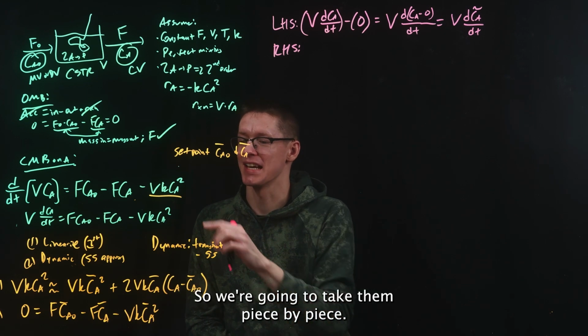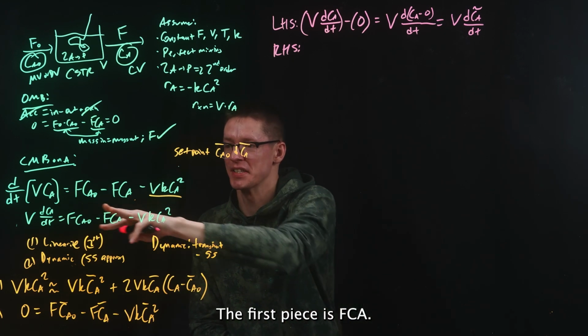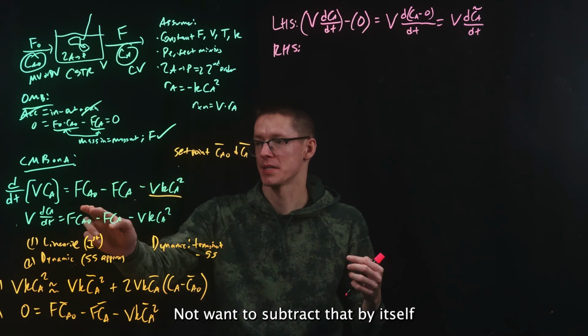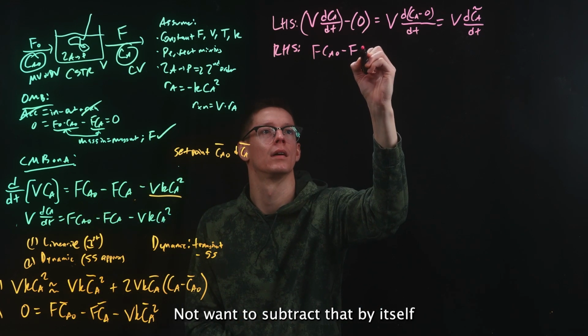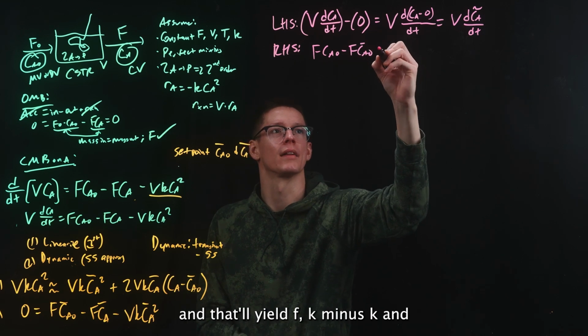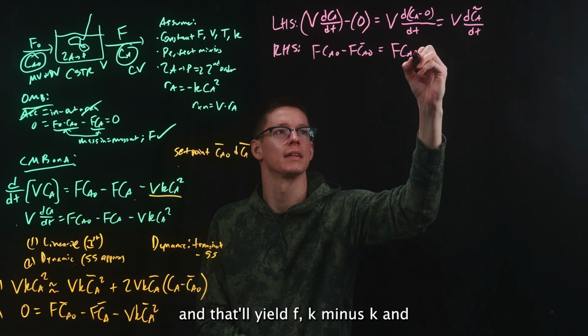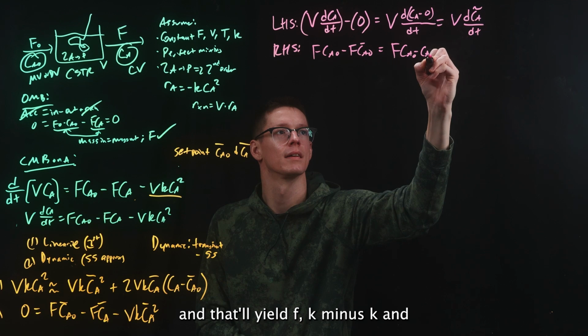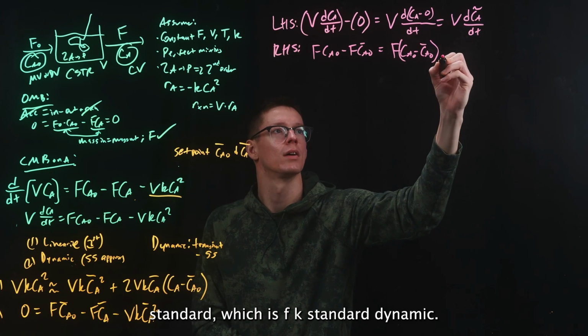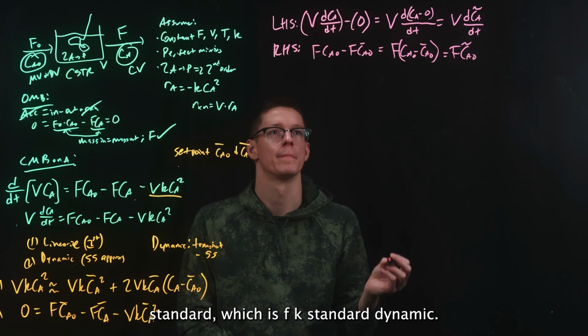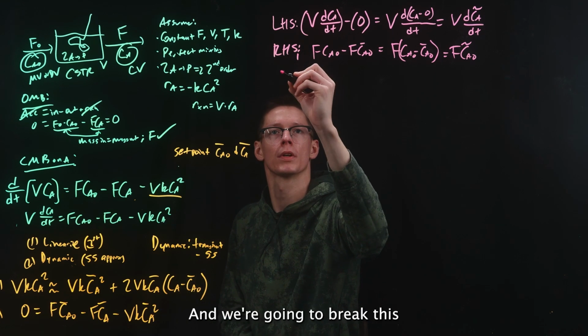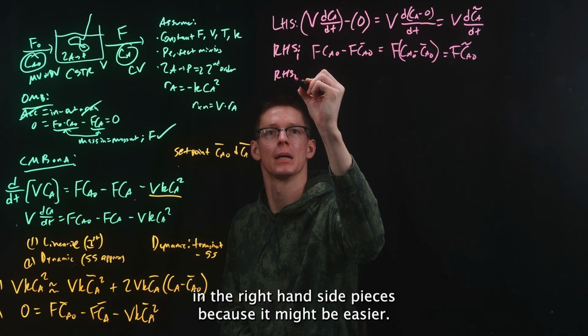Now the right-hand side is a little bit more fun, a lot more terms. So we're going to take them piece by piece. The first piece is FCA naught. We're going to subtract that by itself. And that'll yield FCA minus CA standard, which is FCA standard dynamic. And we're going to break this into right-hand side pieces because it might be easier.